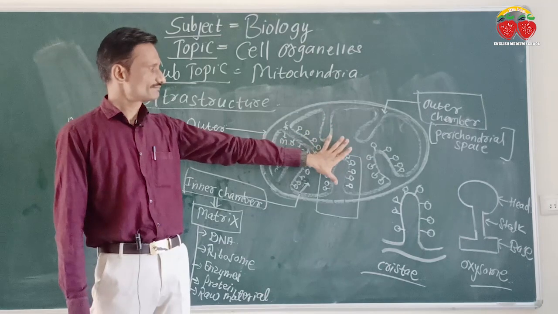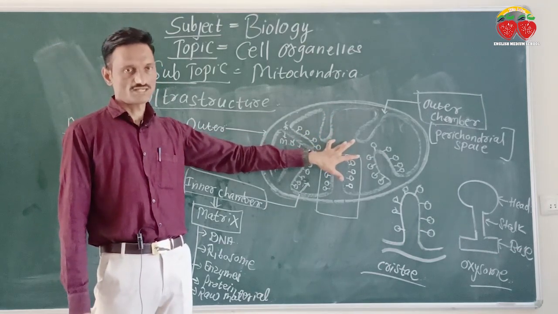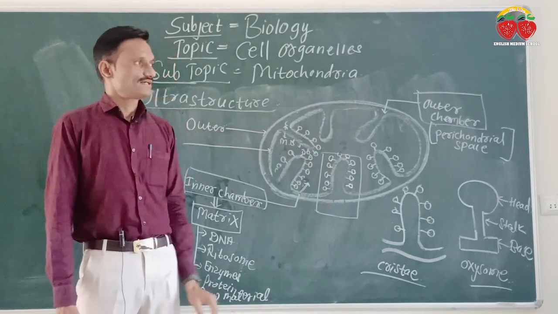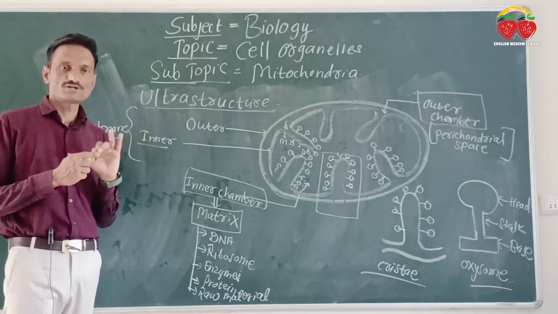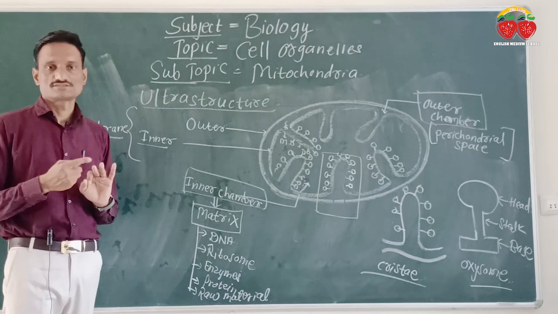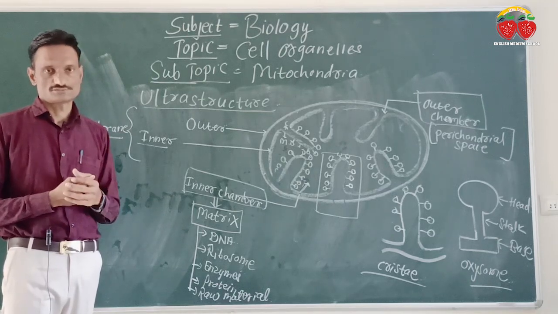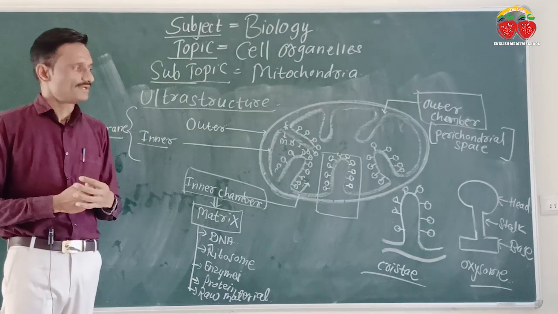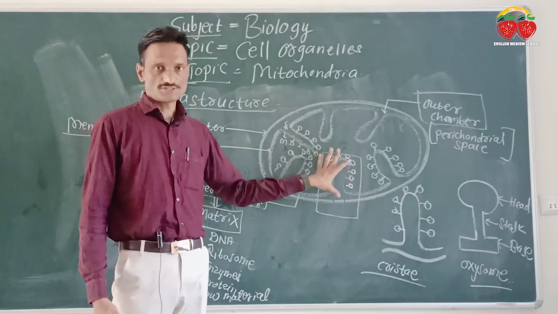That's why the mitochondria is considered the powerhouse of the cell. So the mitochondria provides energy and also provides intermediate products that are further used for the synthesis of biomolecules like chlorophyll, steroids, and amino acids. These are the functions of mitochondria.